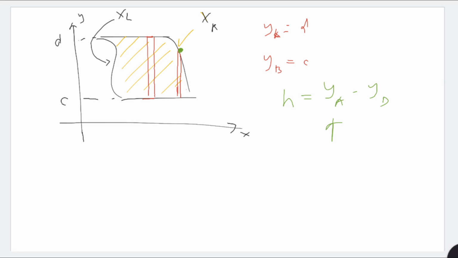So we cannot have one expression for the height of the strip. As a matter of fact, if you place your strip somewhere here, it's much more complicated. You're going to have two different sections, so it's impossible.